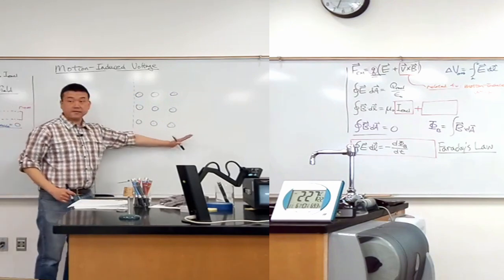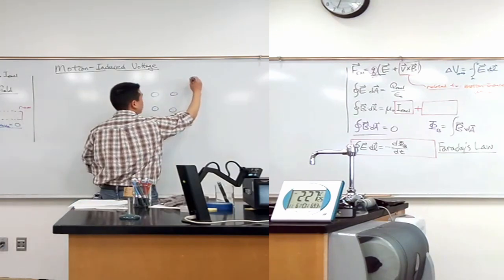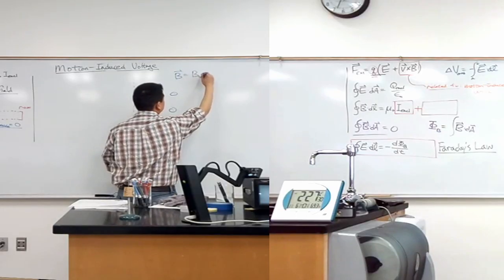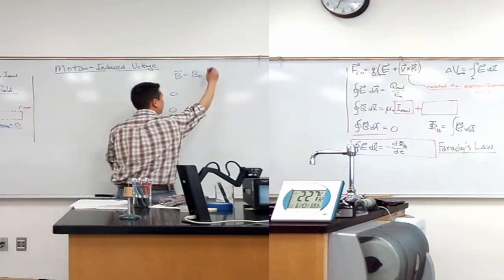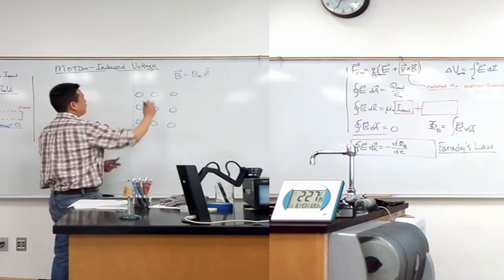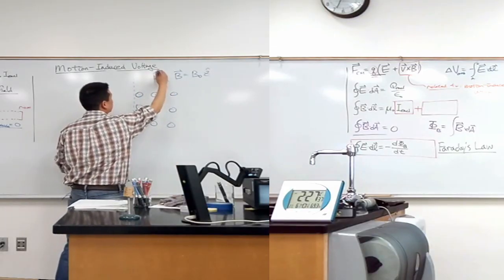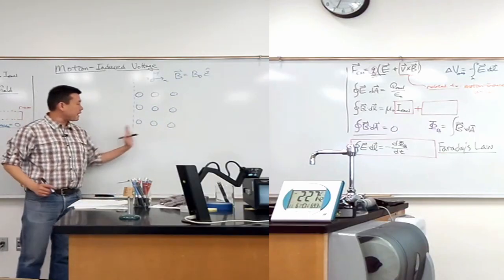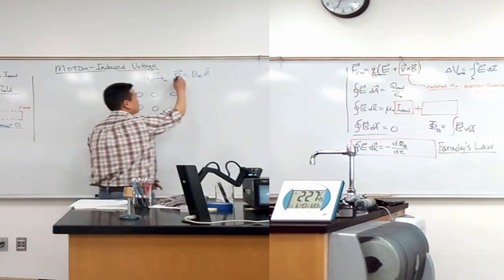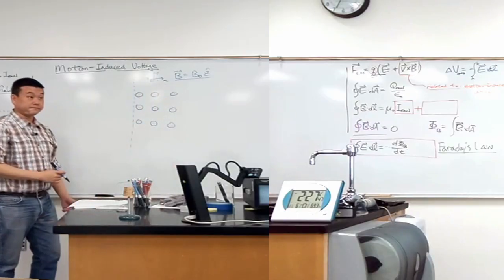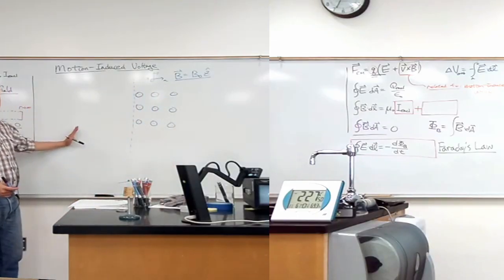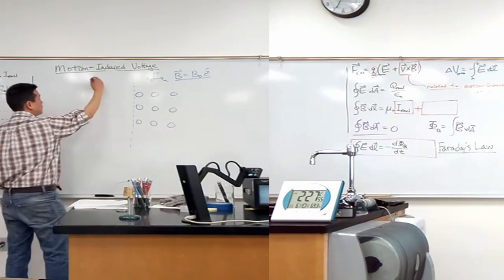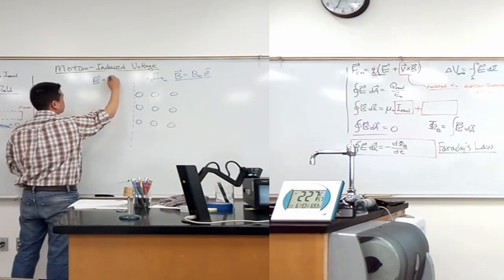To the right-hand side, the magnetic field is some constant value, B0 z-hat, with our axes being x, y, and z. On the right-hand side of this boundary you have this uniform magnetic field. On the left-hand side of the boundary, your magnetic field is 0.